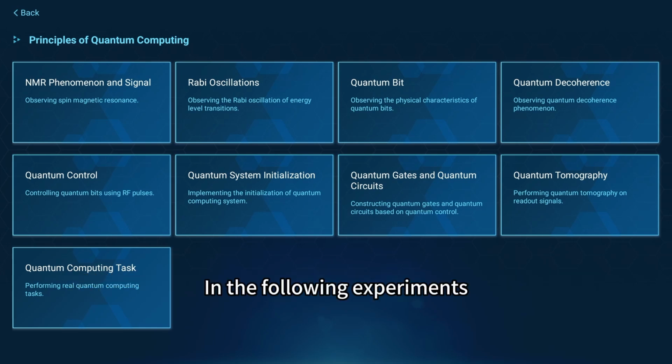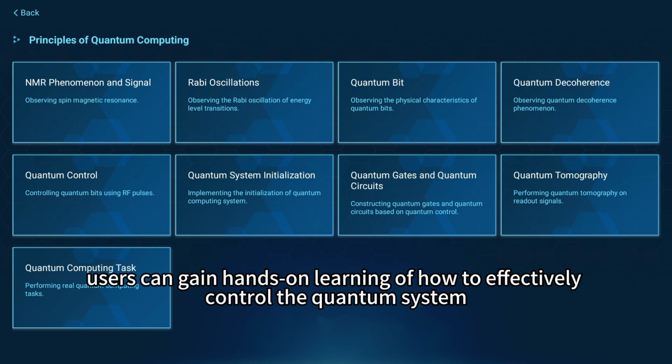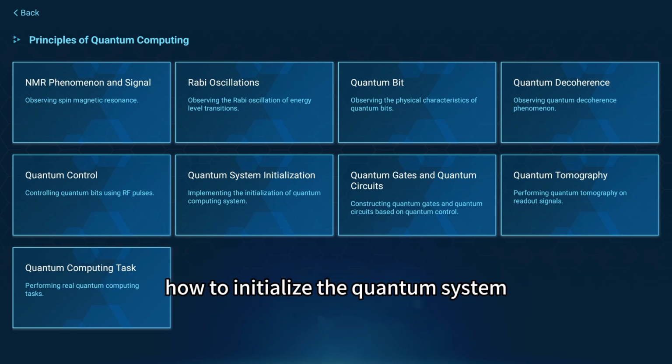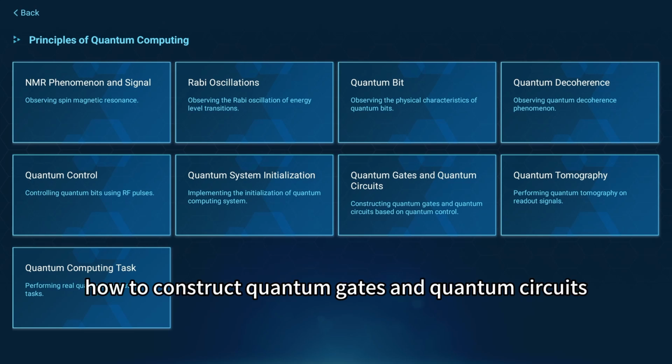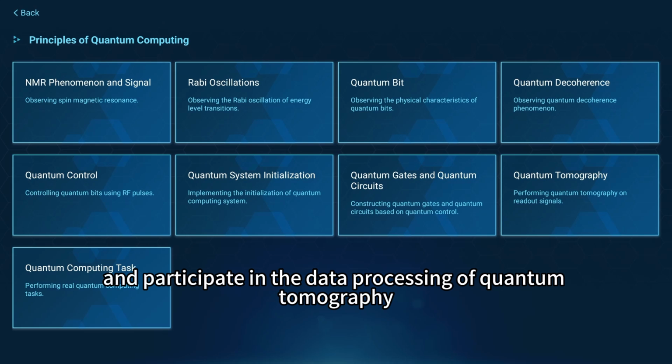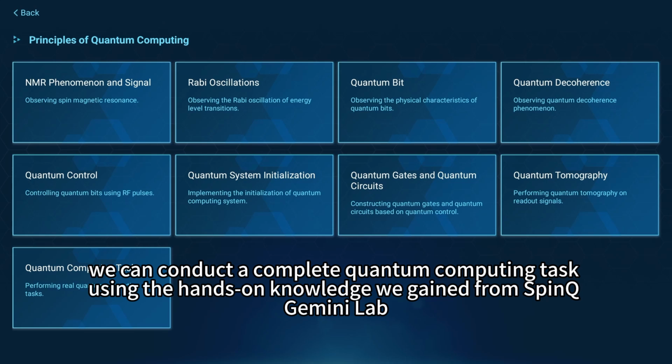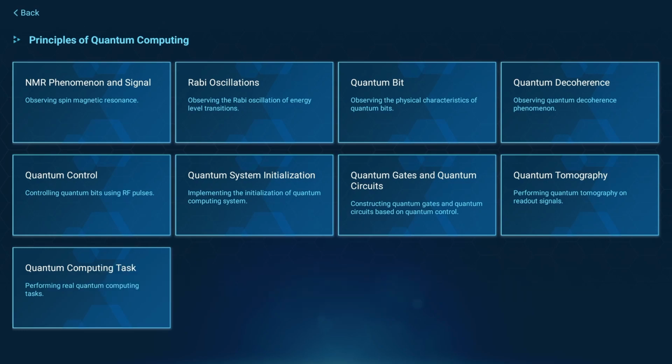In the following experiments, users can gain hands-on learning of how to effectively control the quantum system, how to initialize the quantum system, how to construct quantum gates in quantum circuits, and participate in the data processing of quantum tomography. Finally, we can conduct a complete quantum computing task using the hands-on knowledge we gained from SpinQ Gemini Lab.